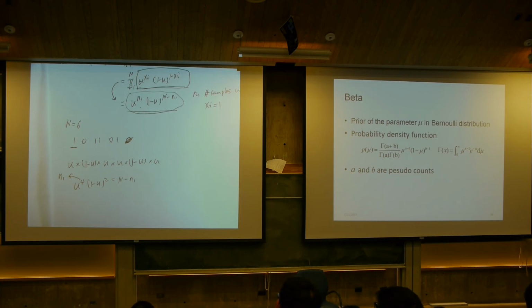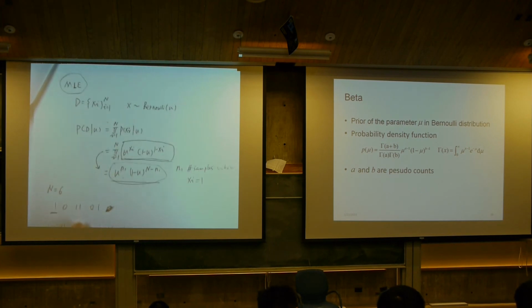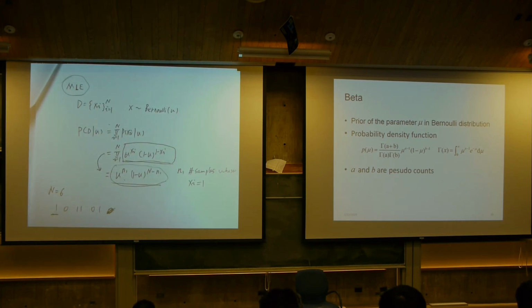Is mu over here the same thing as mu over here? We will talk about this part later. Yeah, actually, yes. But now we are estimating this. We are talking about MLE. When we later come to the MAP part, we will introduce this thing here.